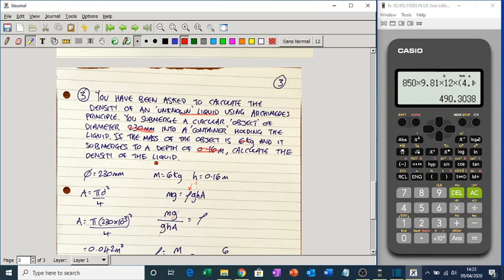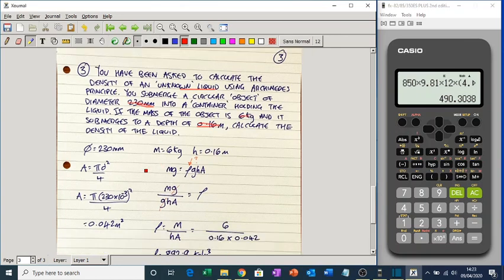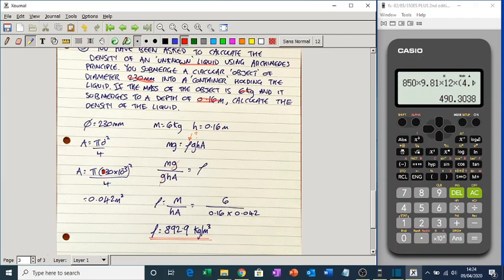Calculate the density of the liquid. So we know the diameter, which means we can do area, so pi d squared over 4. So there's my area. We'll do 230 minus 3, square that, times it by pi, and divide that by 4. 0.042, that's the area.